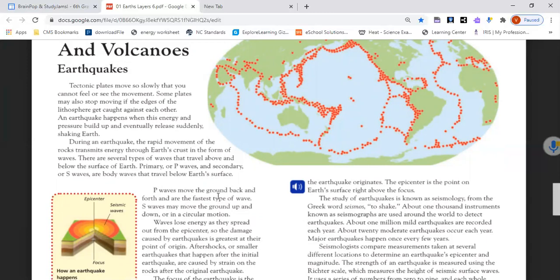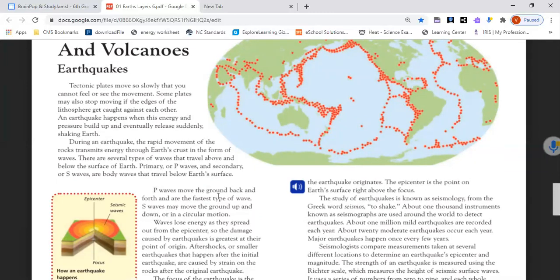Waves lose energy as they spread out from the epicenter, so the damage caused by the earthquake is greater at the point of origin. Always remember that where the earthquake happens at the point of origin is called the epicenter, and the epicenter is where the maximum damage happens.